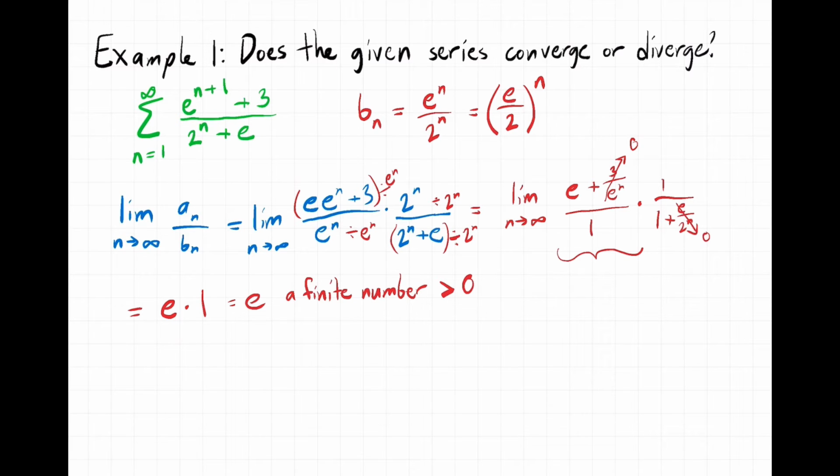So we didn't get infinity for our limit, we didn't get 0 for our limit, we got a number that was greater than 0. That tells us that either both series converge or both series diverge.